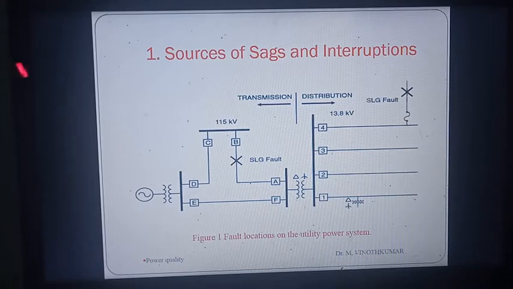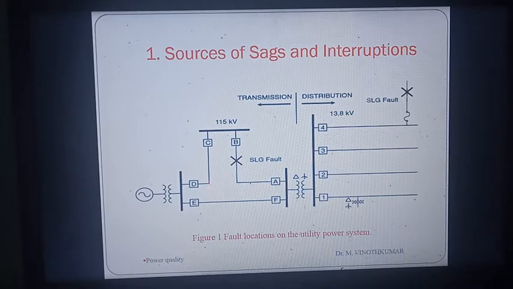Here in the one line diagram, this is the transmission system and this is the distribution system. These are the distribution feeders: feeder 1, feeder 2, feeder 3, 4 and so on. All the feeders get their supply from the transmission system only.